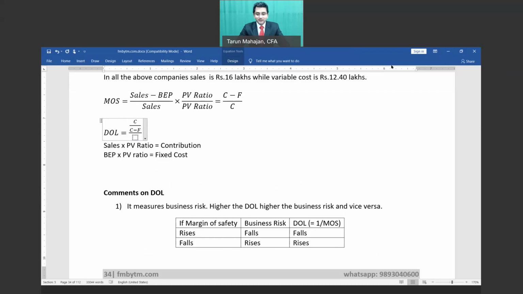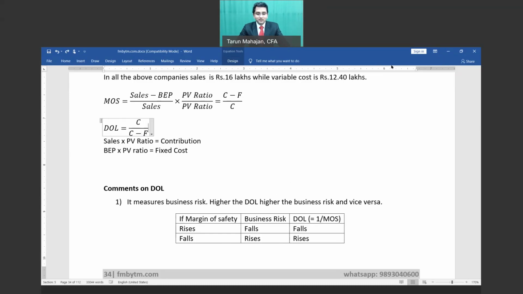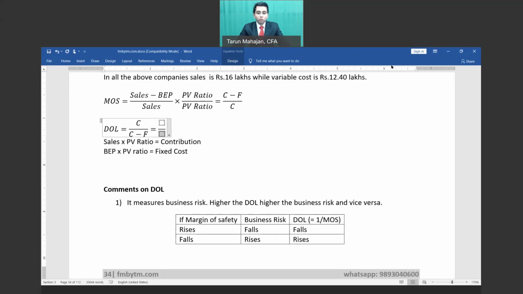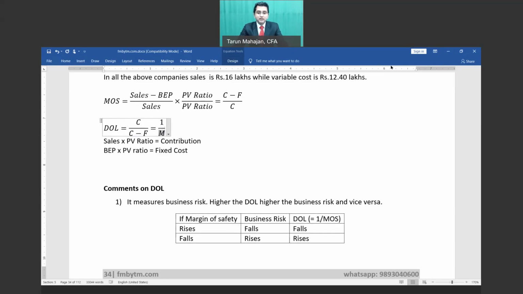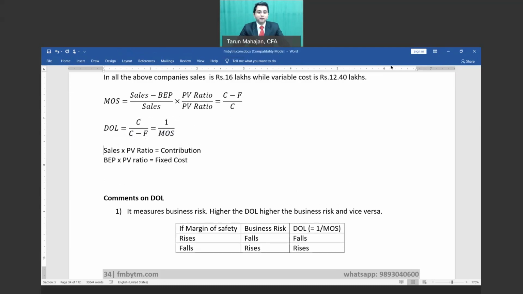Degree of operating leverage is equal to 1 divided by margin of safety. Higher the margin of safety, lower the degree of operating leverage, and vice versa. That's a fantastic relationship between margin of safety and the degree of operating leverage.